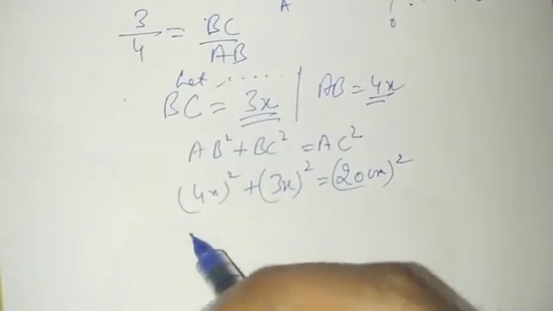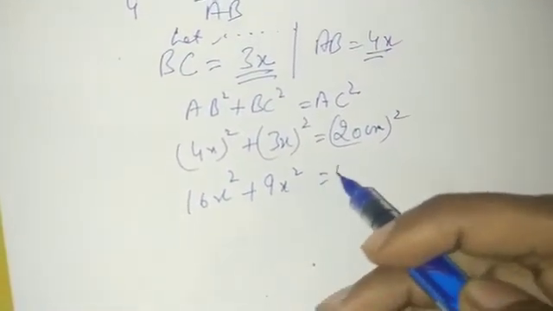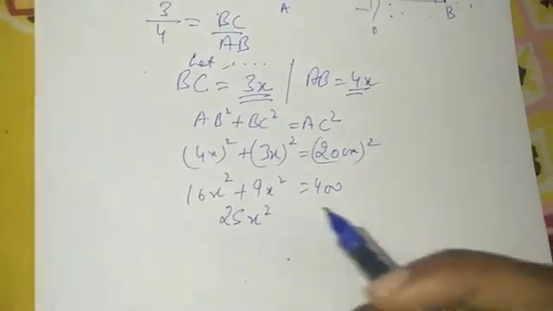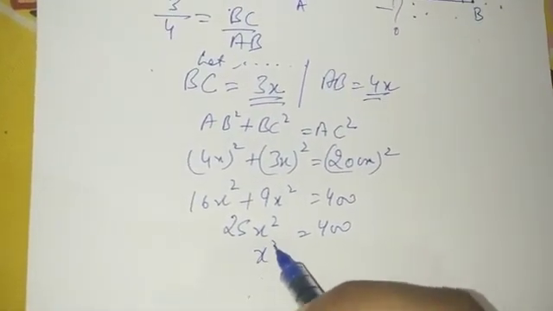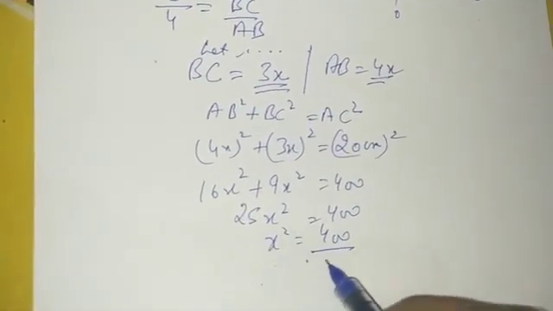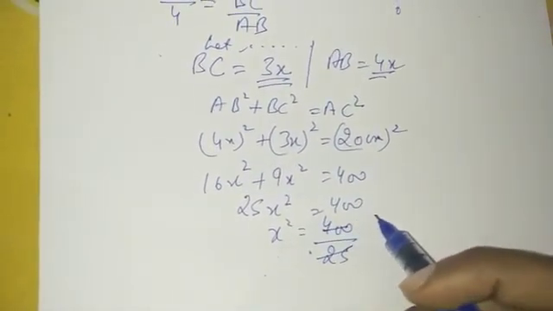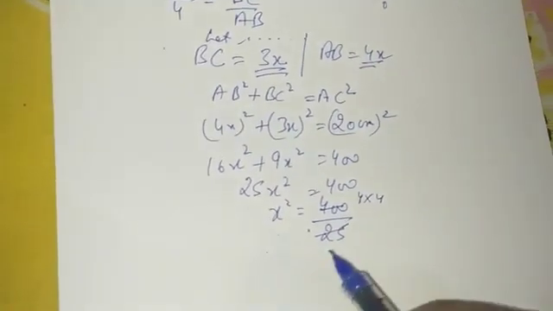So moving on, it will be 16x square plus 9x square equals 400. So this will be 25x square equal to 400 centimeter square. So x square will be equal to 400 upon 25. On solving this, 4 into 100, and that means 4 into 4, that will be 16.